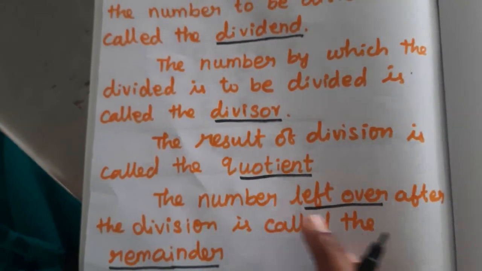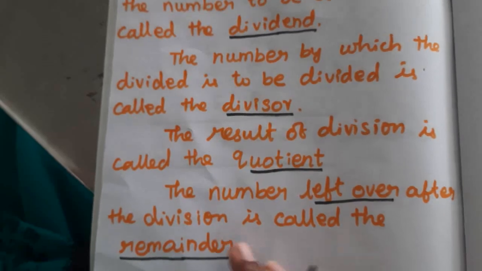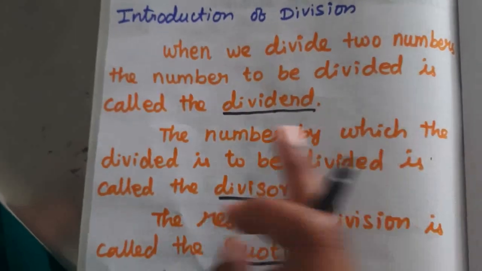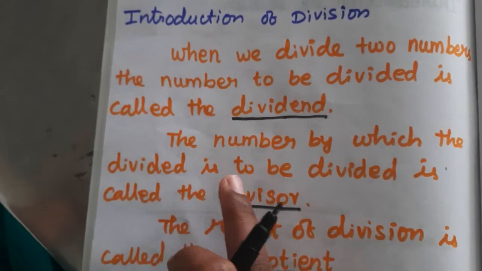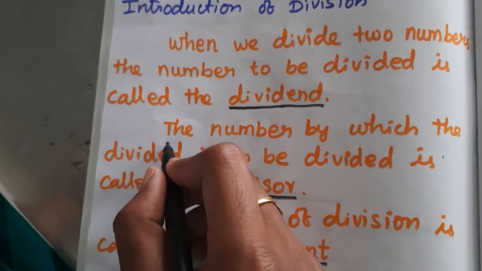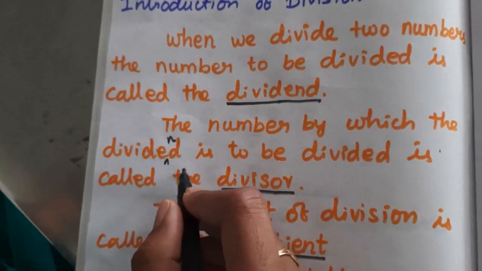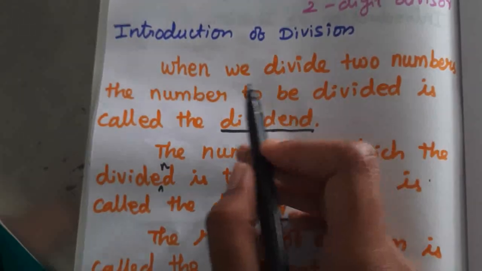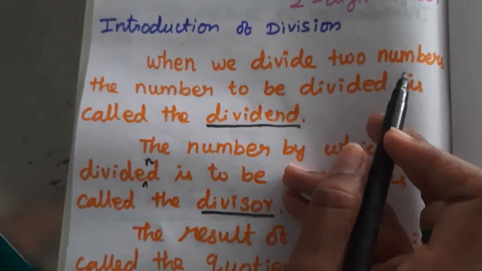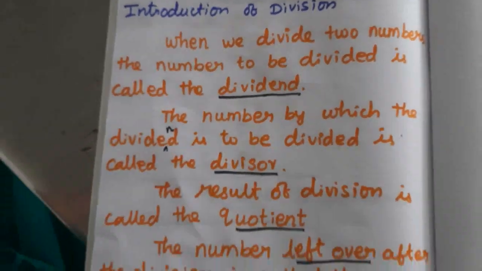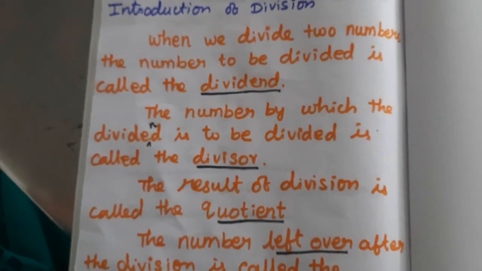Remainder means the number left over after the division. Divisor means the number by which the dividend is to be divided. And when we divide two numbers, the number to be divided is called the dividend.